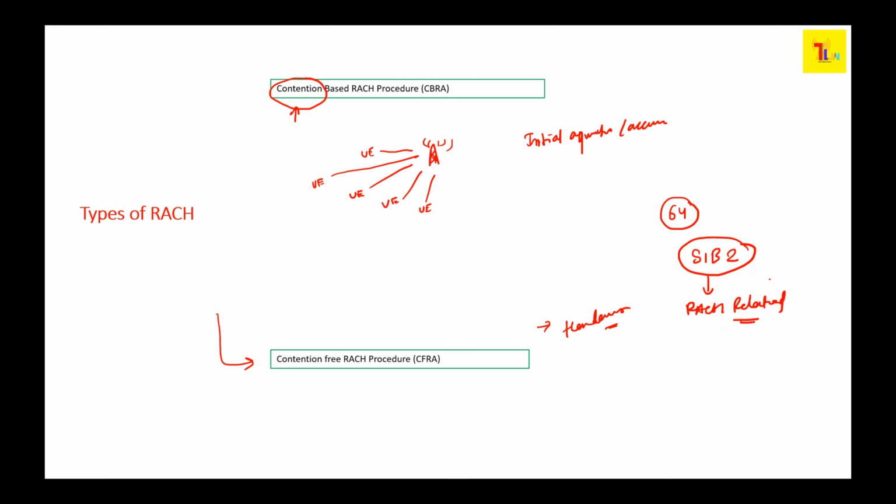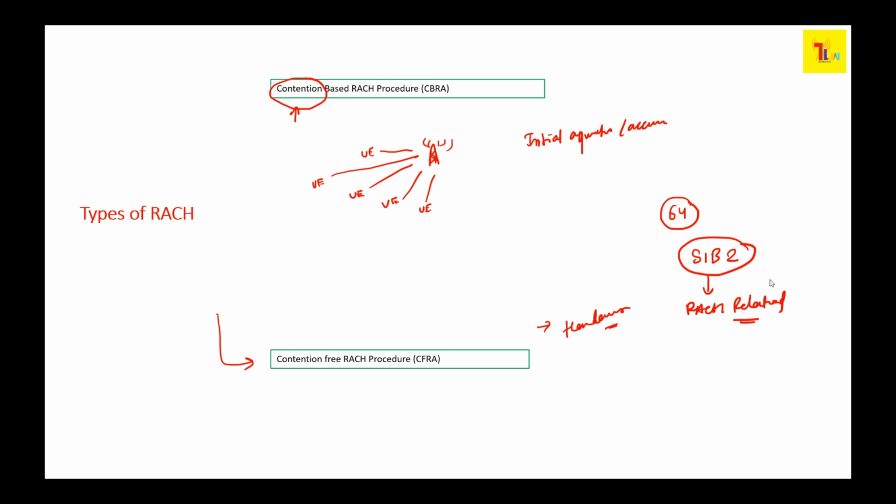There are multiple RACH related parameters where your preamble information will be there, such as how many preambles it has selected among the 64, power ramping parameters, preamble initial received target power, preamble trans max, RA response window size, and max HARQ message 3 retransmission.